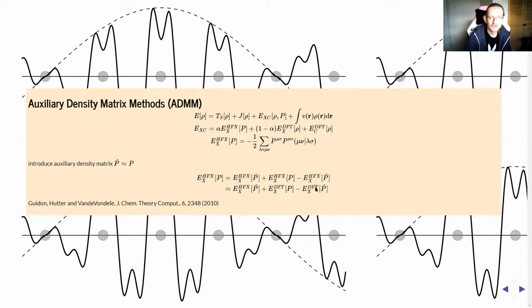And if the density functional recipe for the exchange is able to calculate this difference reasonably accurately, then this thing overall becomes a good approximation to the Hartree-Fock exchange in a larger basis set, and we can dramatically reduce that prefactor.